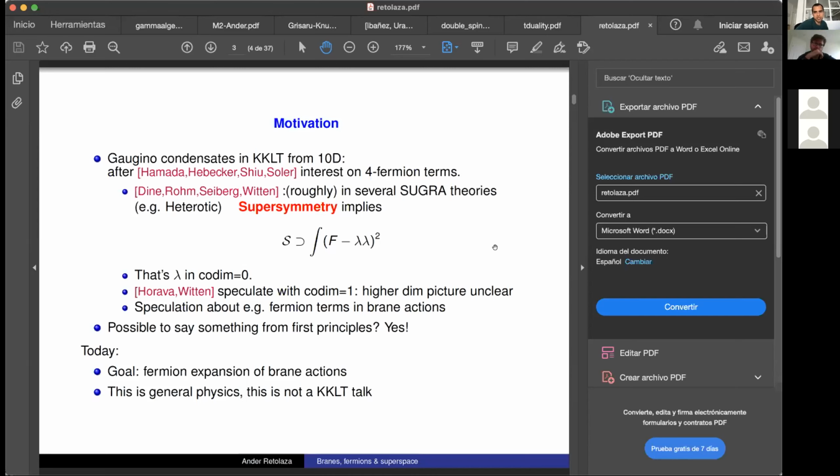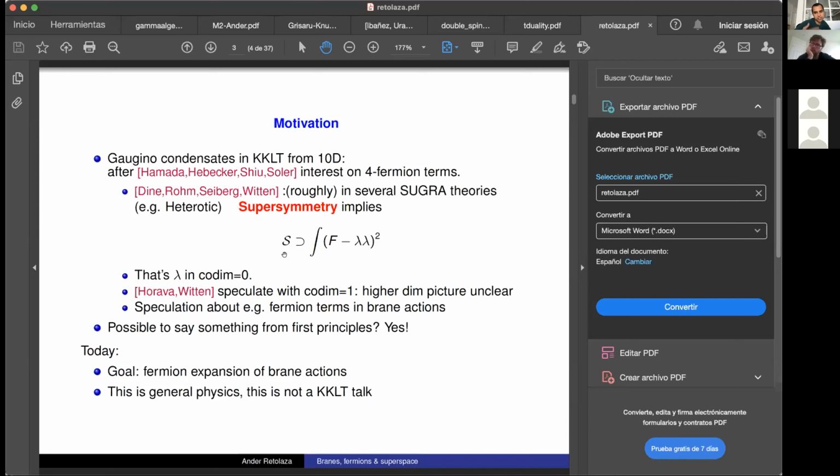We know that supersymmetry is a very powerful symmetry, and definitely it's going to impose some structure, but we don't really know how this is happening in these cases. So by understanding the brane action, it's possible, for example, to compute in the D9-brane case.